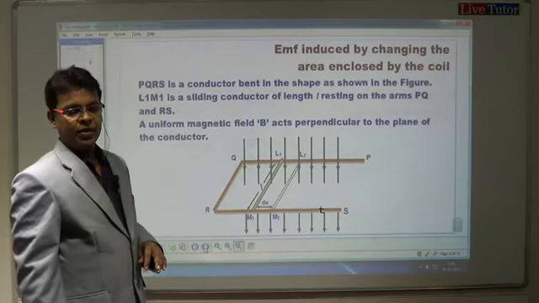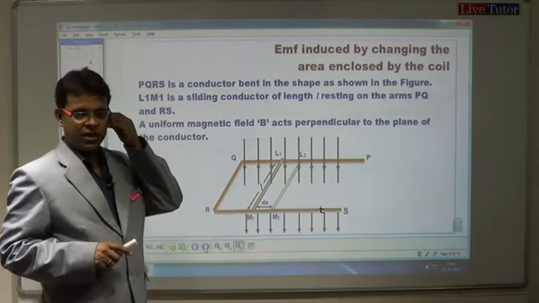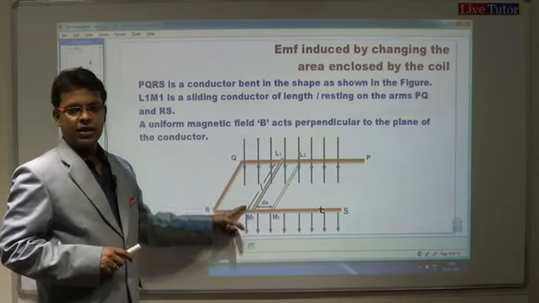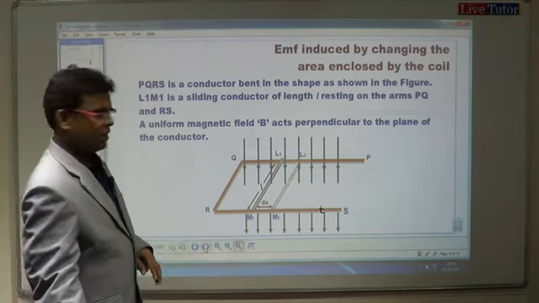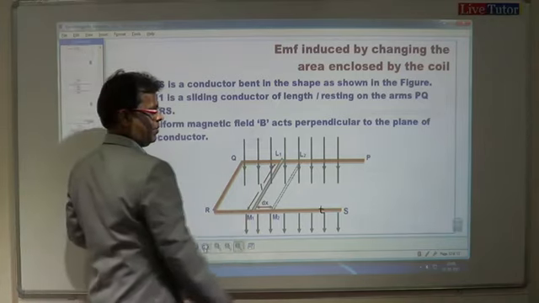நான் இப்போ I want Yuvraj to answer. ஏன் இங்க இந்த magnetic field it is acting perpendicular to the conductor? இந்த கண்டக்டருக்கு perpendicular போட்டிருக்கும், ஏன் அப்படி?